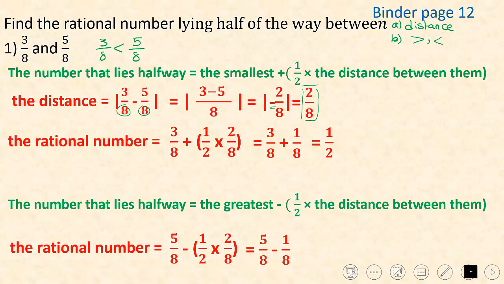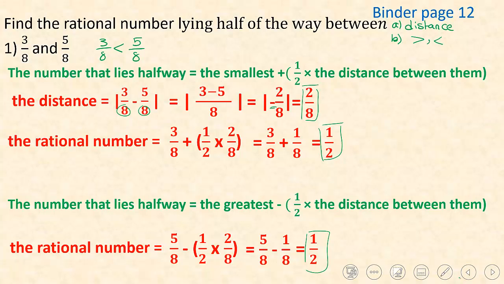So 5 over 8 minus 1 over 8, having the same denominator, so it's easy to find the difference. And it equals half. As you can see, the number which lies half the way from the smallest side is the same as the number that lies half the way from the greatest side. It doesn't differ. So in the exam, it's your choice to use any one of them, unless he has decided which one you should choose.